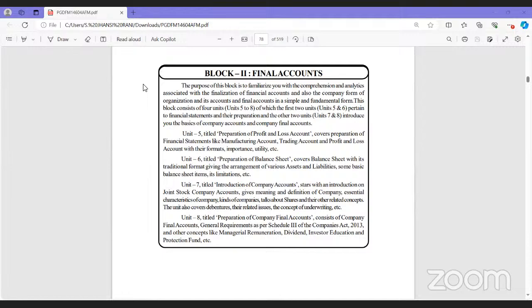And the final accounts include three things. The first one is trading account. Next one is profit and loss account.